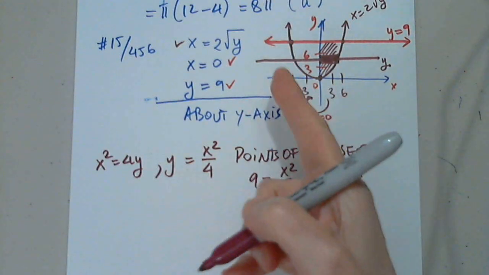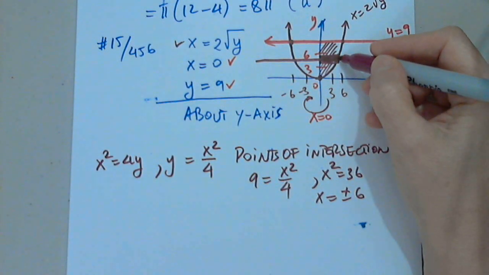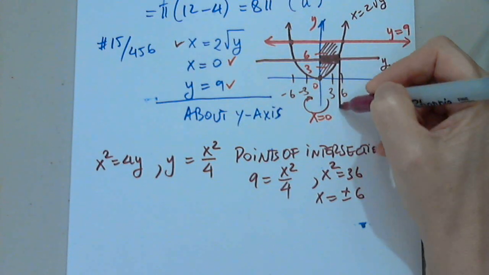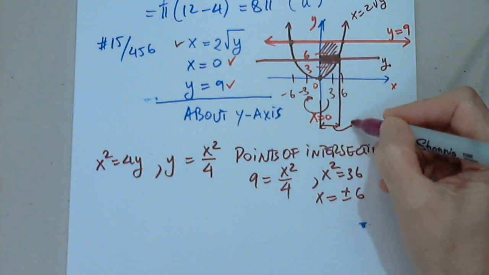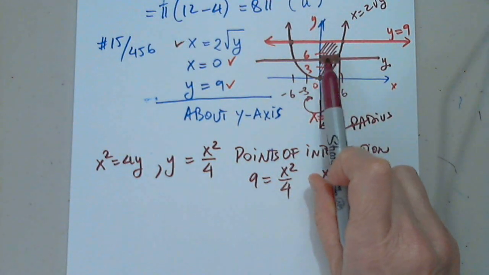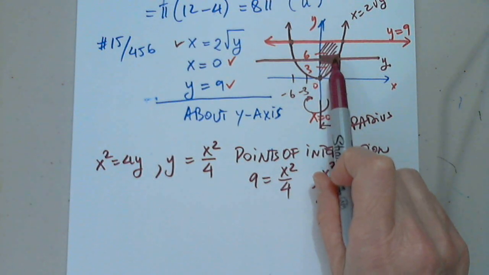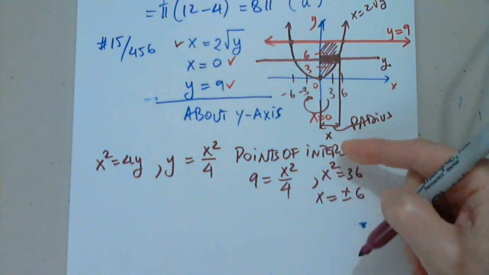Of course, it's all the way. So what is the radius? The radius of the disk is this. But what is this radius? How much is it? Well, it's the x value.